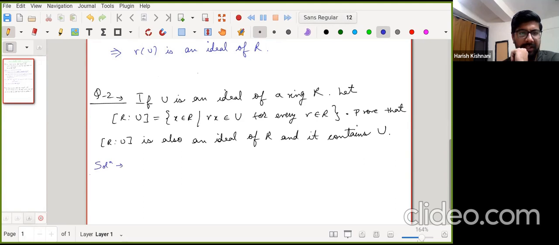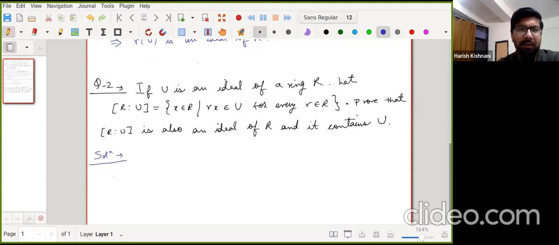So maybe we can start with the easy part. Can anyone just say why it contains U? Muthu, you have already spoken, so maybe someone else. Any comment? Why does this set contain U?